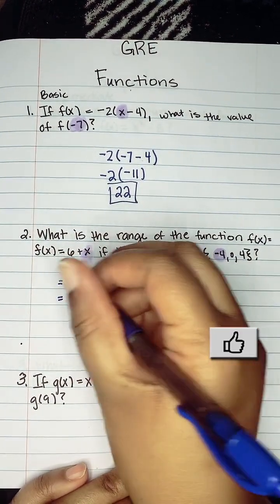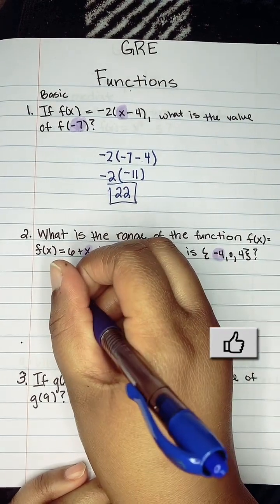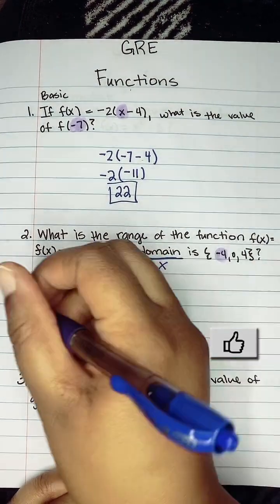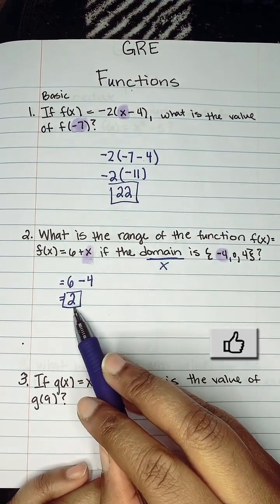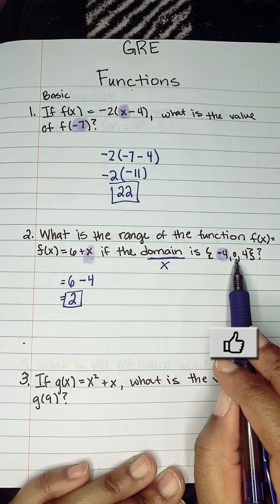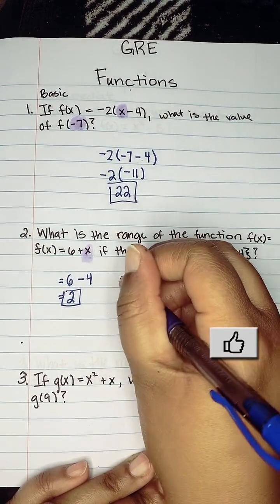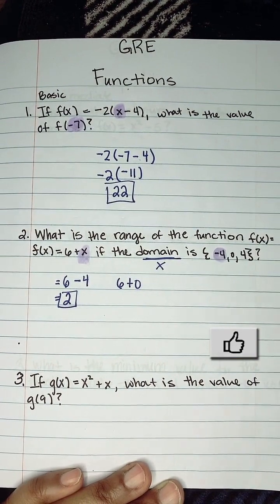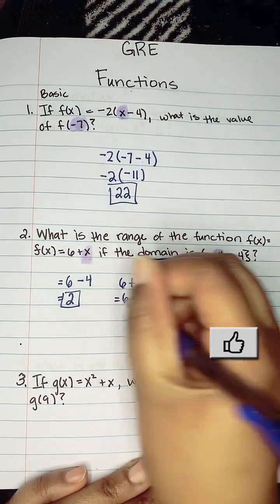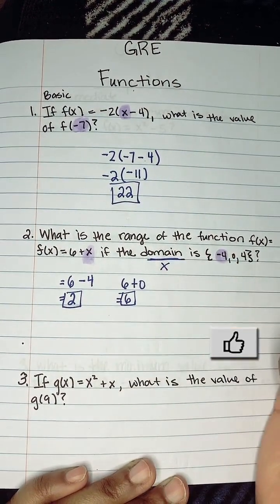6 minus 4. 6 minus 4 is 2. Okay, so this is one of our ranges. Now we're going to plug in 0 here. So we get 6 plus 0 would give us 6. That's another one of our ranges.